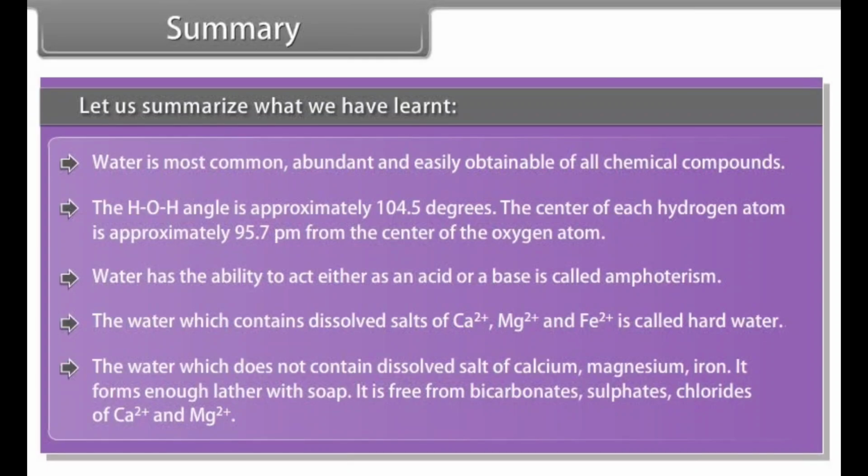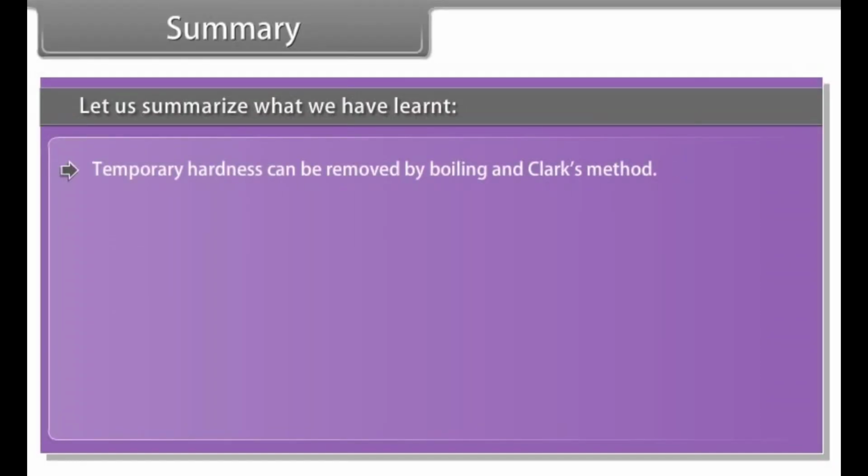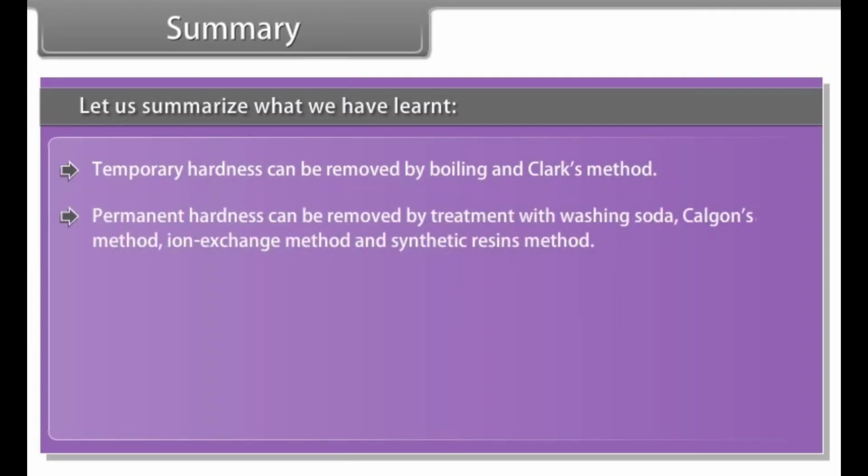It is free from bicarbonates, sulfates, chlorides of Ca2+ and Mg2+. Temporary hardness can be removed by boiling and Clark's method. Permanent hardness can be removed by treatment with washing soda, Calgon's method, ion exchange method, and synthetic resins method.